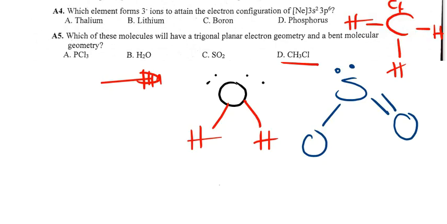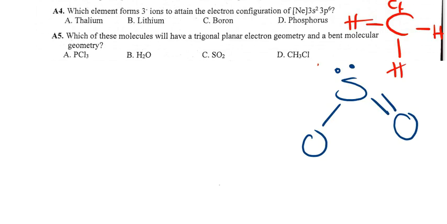We can call it tetrahedral as well for the electron geometry. And then if we remove the 2 lone pairs, it becomes a bent shape. So it was tetrahedral, now bent.